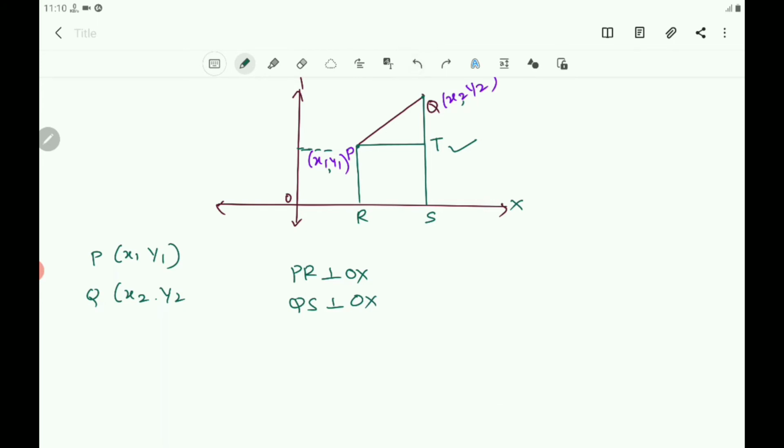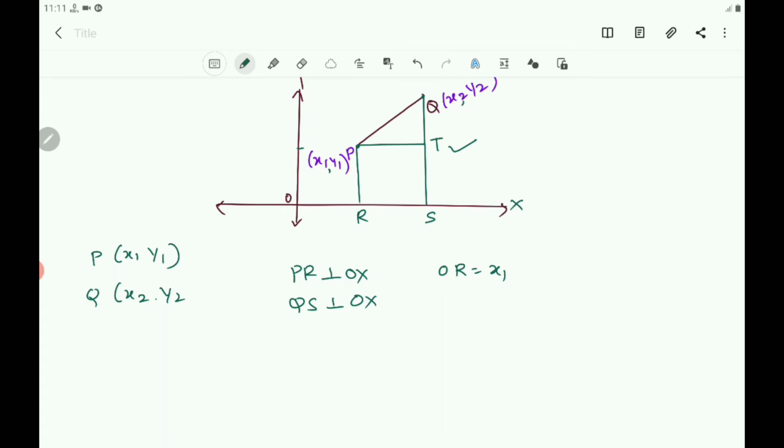So you can take OR equals the x coordinate, that is x1. And OS, here to here, is the distance of the point Q from the y-axis. Distance of the point from the y-axis is nothing but the x coordinate.